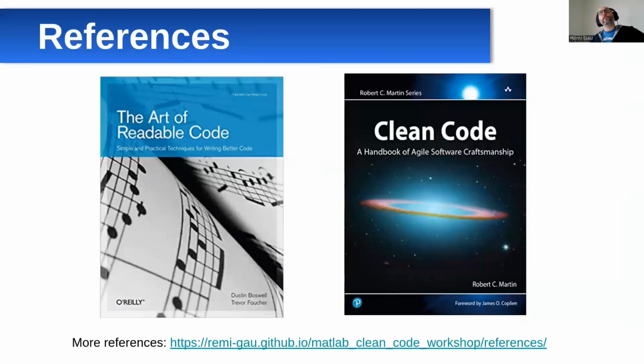Before I move on to the first section, I want to mention a couple of references you might want to have a look at in your own time. Those two books, the first one, The Art of Readable Code, and the other one called Clean Code, are definitely very good go-to references that touch upon a lot of the things I'm going to be talking about today.